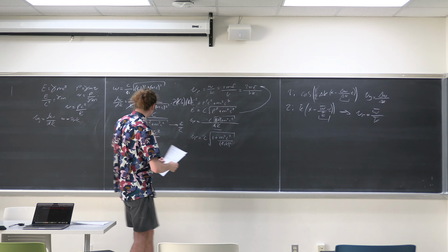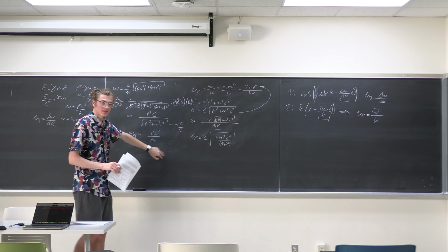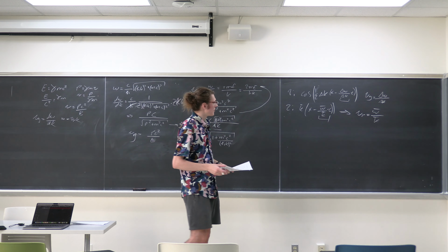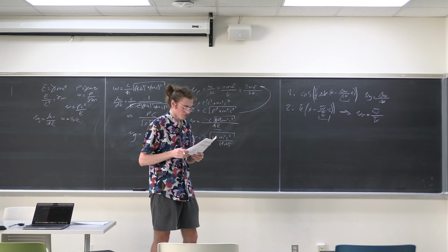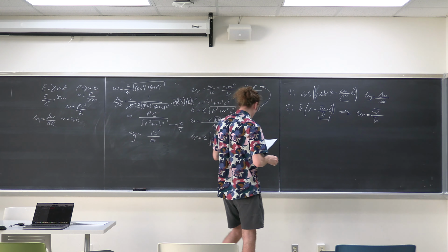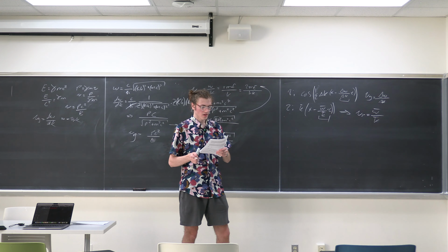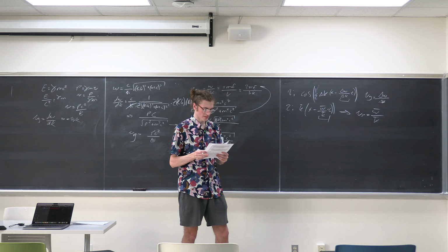But now with these two ideas, let's go a bit deeper. And this is where it starts to get pretty interesting, I think. There's actually a deeper law here between phase velocity and group velocity.